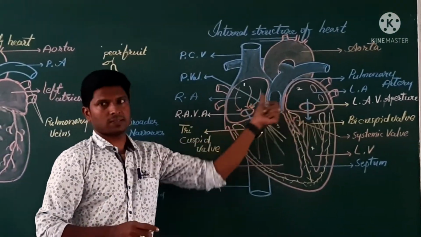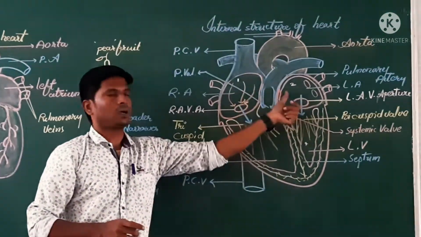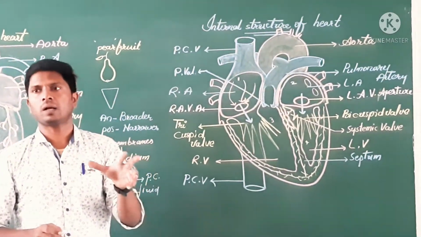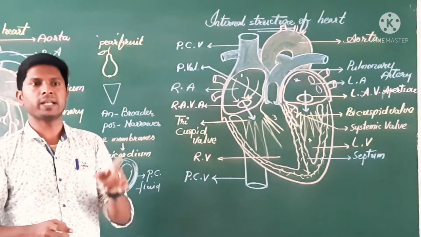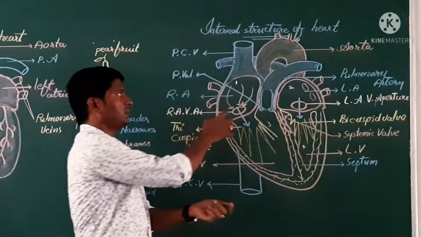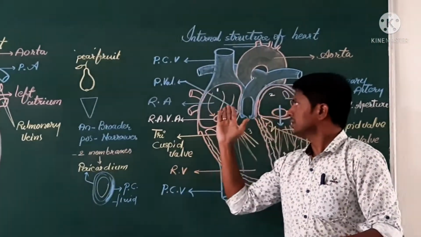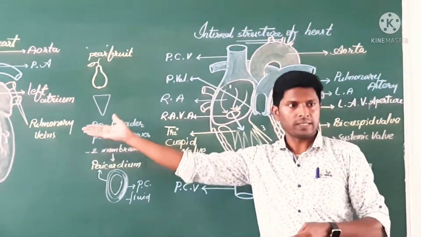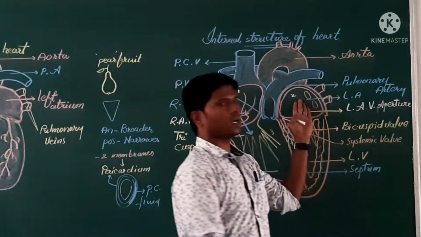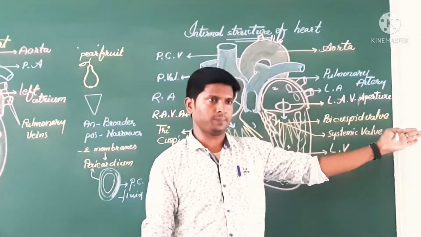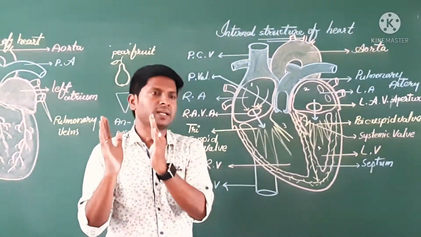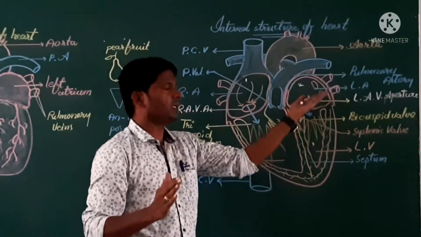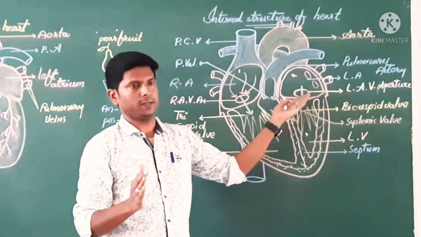The upper two chambers are called auricles or atria. Atria is plural, atrium is singular. This one is the right atrium and this one is the left atrium. The right atrium is somewhat bigger in size than the left atrium.